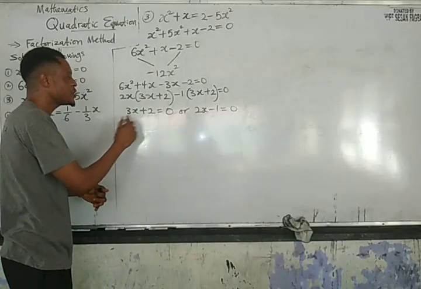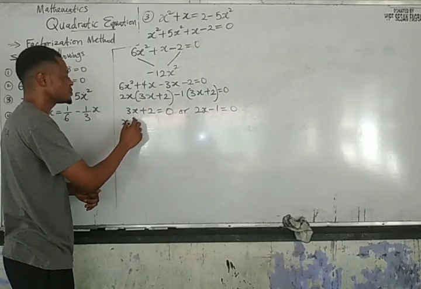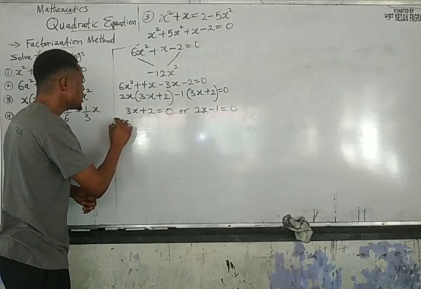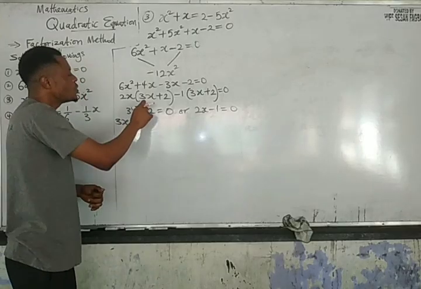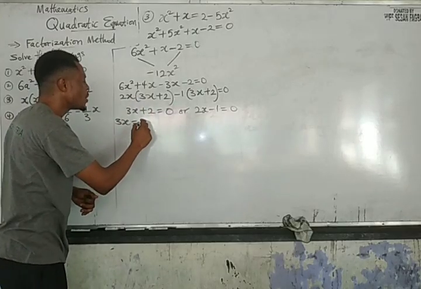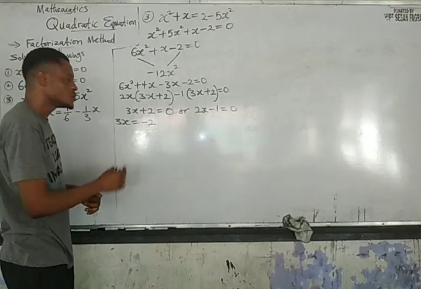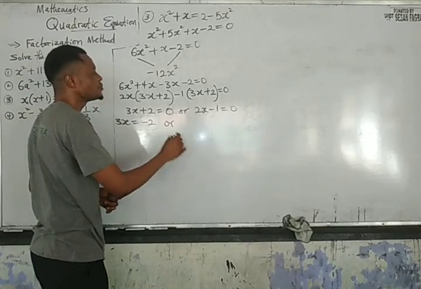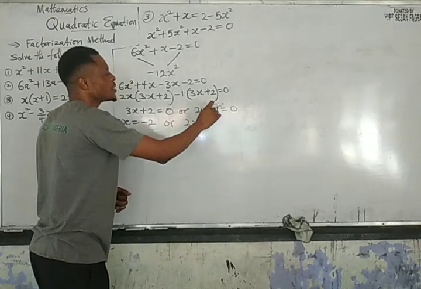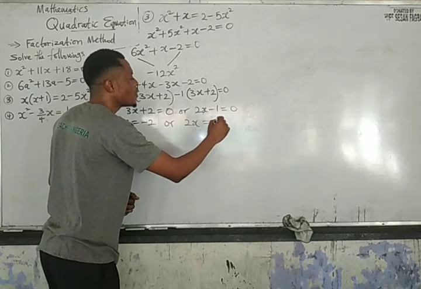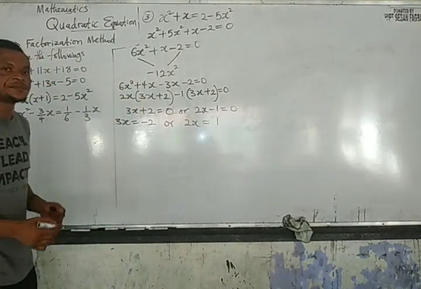Making my x subject of the formula, 3x is equal to the 2 coming down to this side will become minus 2, or 2x minus 1 coming to this side will become positive 1.